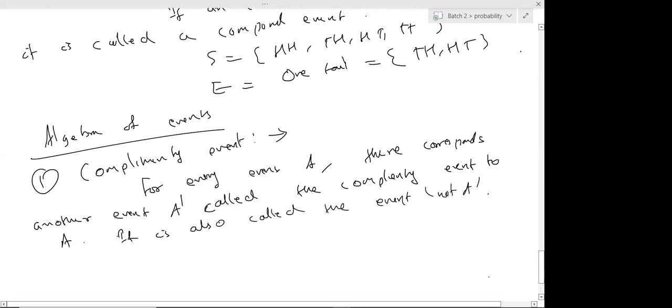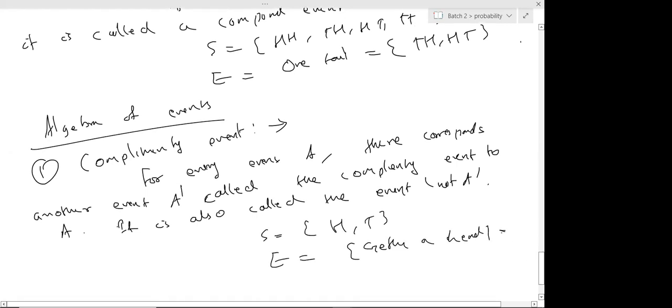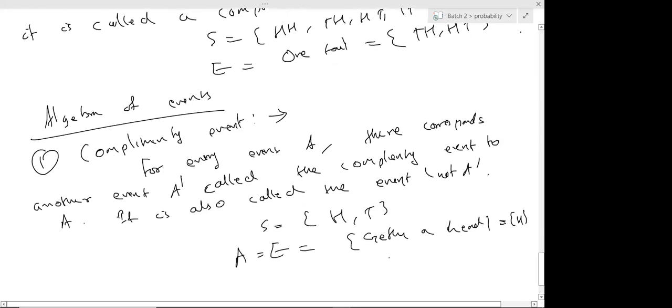So for every event, in this world, if you throw a coin and you get heads or tails, suppose the event is getting a head. This will be H. Let's call this A. So if you don't get H, then what would occur?